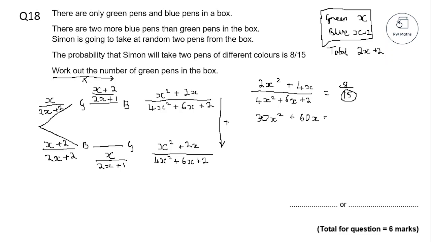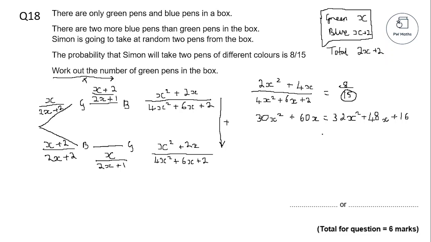And whilst I'm at it, I'm going to move the bottom part of this fraction over as well, the denominator. 4 times 8 is 32x squared. 8 times 6, 6 eighths are 48, so we've got 48x. And 8 times 2 plus 16. Are they really expecting me to be able to solve this without a calculator?